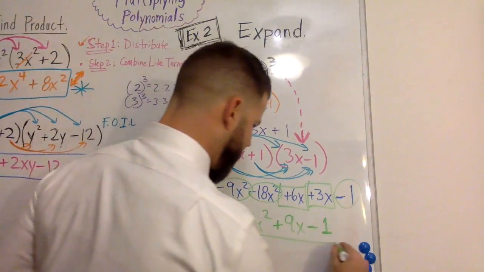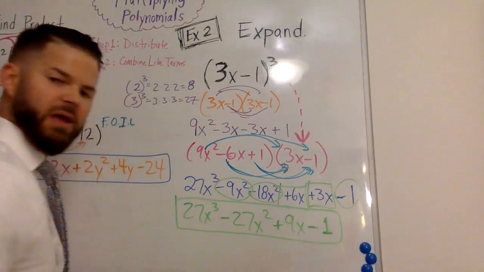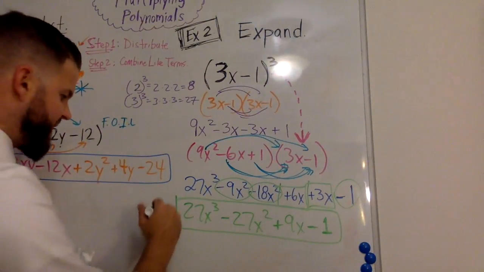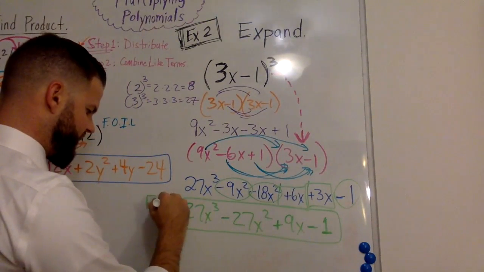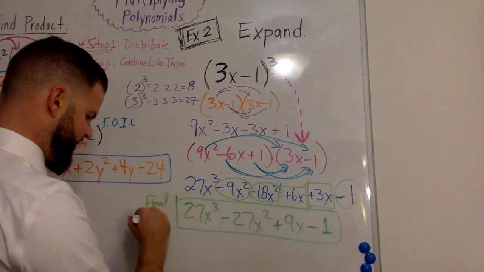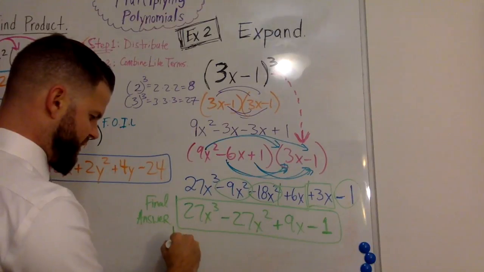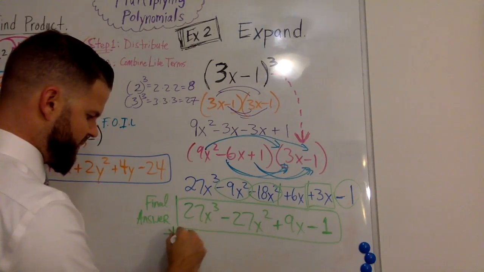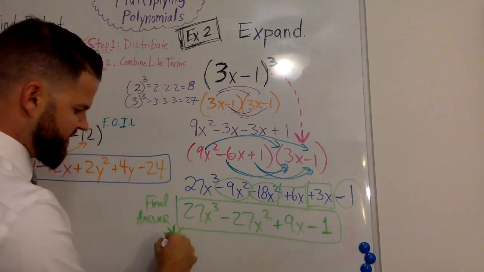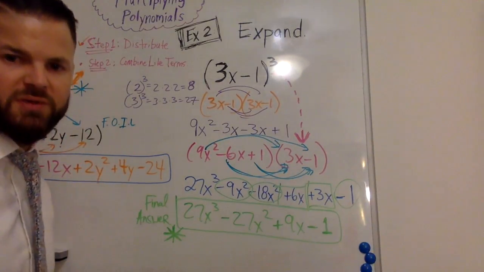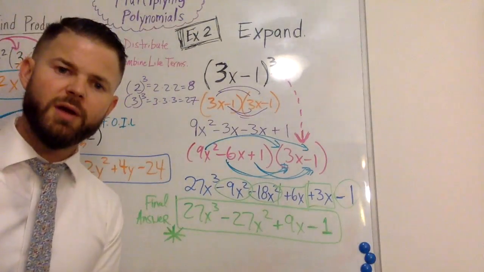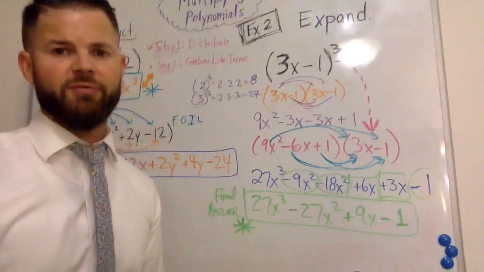So here in this case, my guy in green, this happens to be my final answer. I've expanded this thing, I've multiplied it out, I've combined my like terms, and I've come to a halt. I cannot continue any further. I'm done. I'm home free.